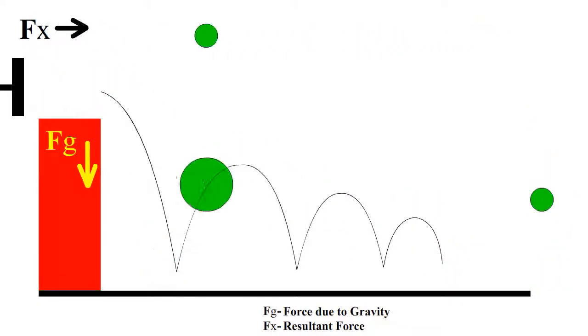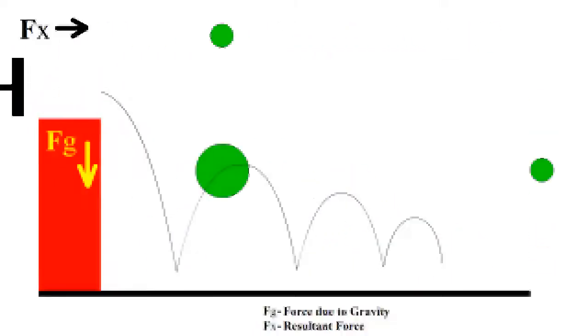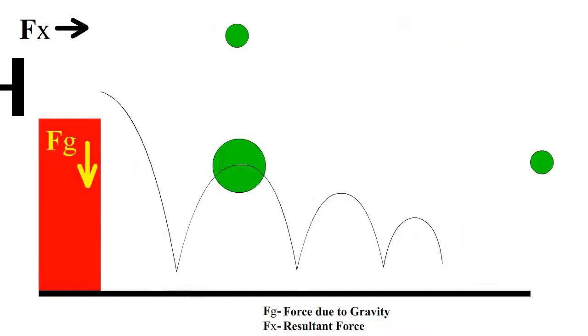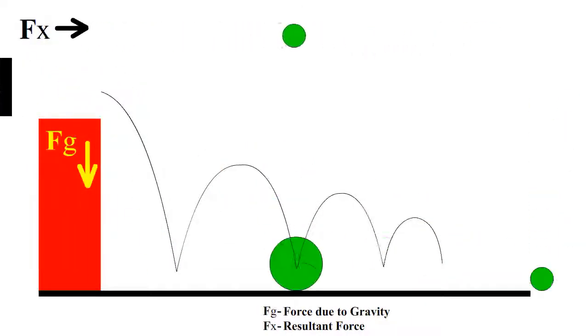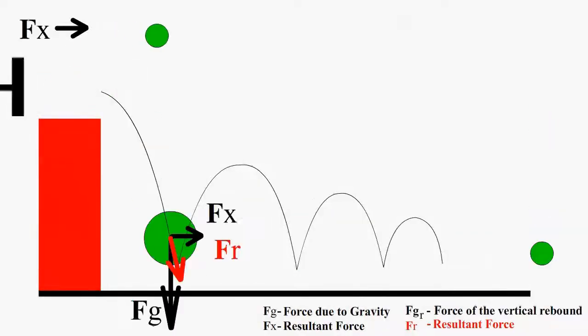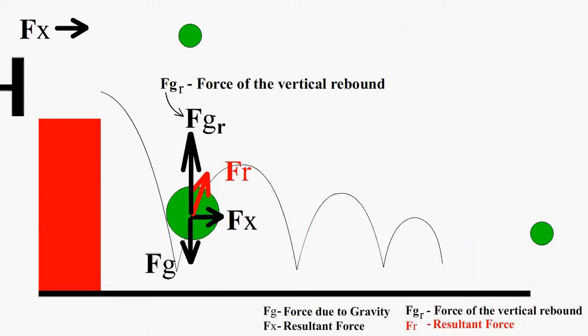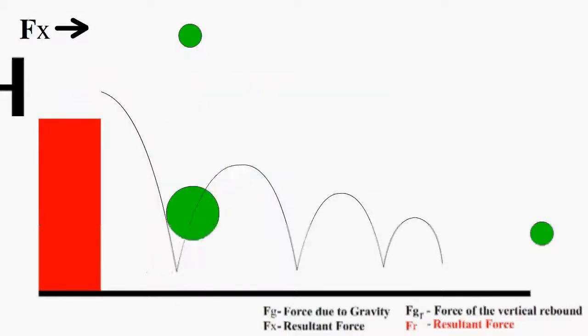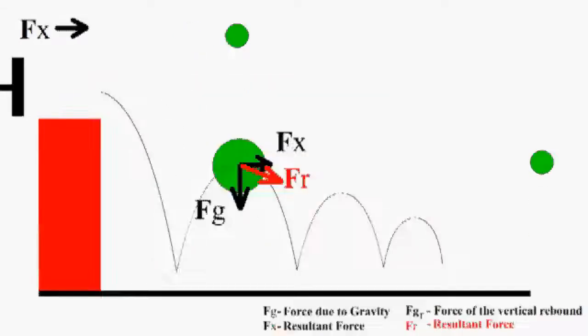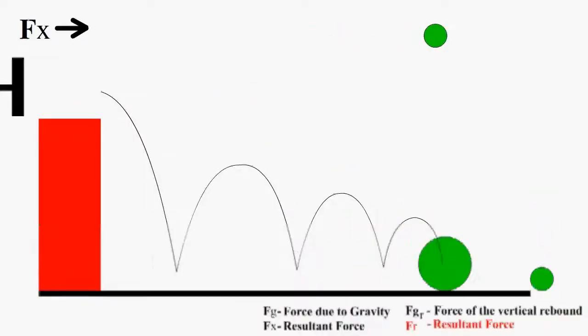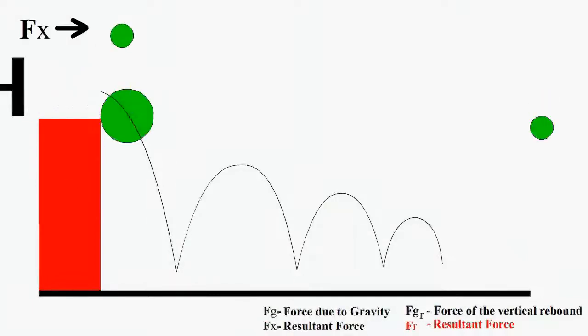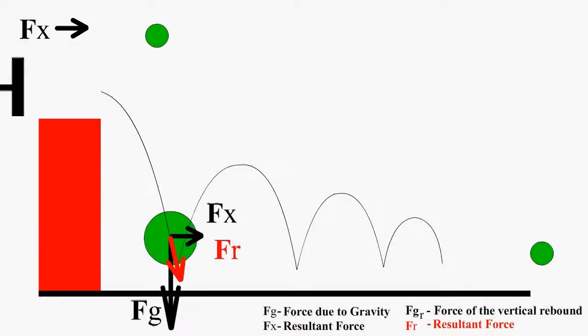Now, because of this force Fx, which is the force in the x direction, and because of the downward force Fg, the force due to gravity, the resultant Fr, shown by the red arrow, is the direction in which the resultant force is acting, because force is a vector quantity. Vector quantities are quantities which have a magnitude, a unit, and also a direction.